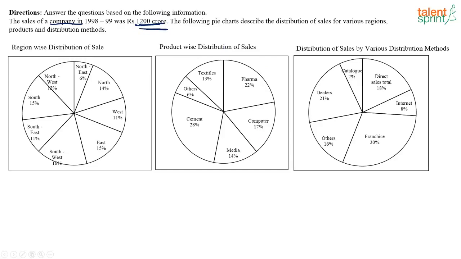Out of this 1200 crore, 13% accounts to textile, 28% accounts to cement. That is with respect to product. Similarly, with respect to distribution methods, this is still the total sale. Out of this 1200 crore, 8% is sold by internet, 30% is sold by franchise. That's how you get an understanding of the graphs given.